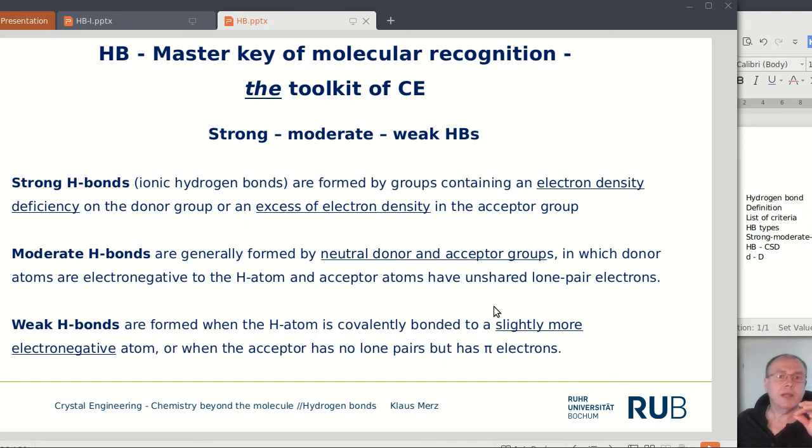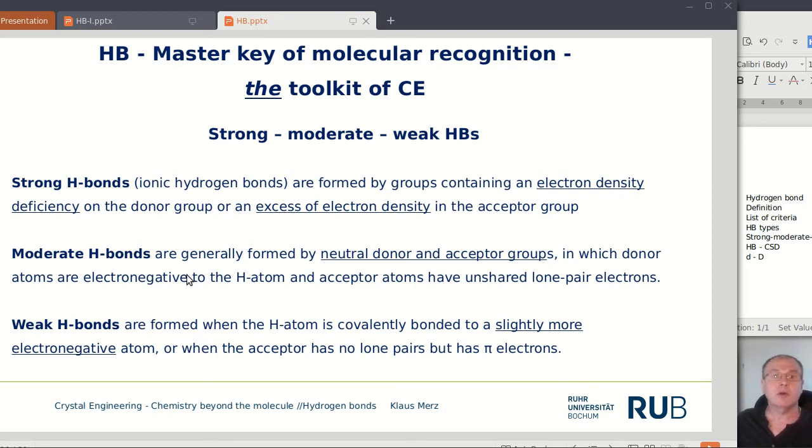And the last are weak hydrogen bonds. They are formed when the hydrogen atom is covalently bound to a slightly more electronegative atom. So mostly we are talking about the difference in electronegativity, or when the acceptor has no lone pair but has p electrons, for example.